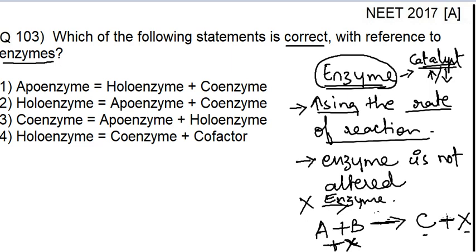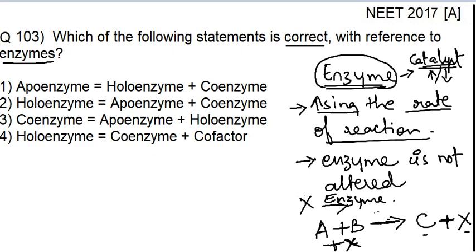That means X is not itself getting consumed or altered. It is only helping A to combine with B and produce C. So the very important characteristic of an enzyme is that it itself does not get consumed or altered. This can be a probable question.